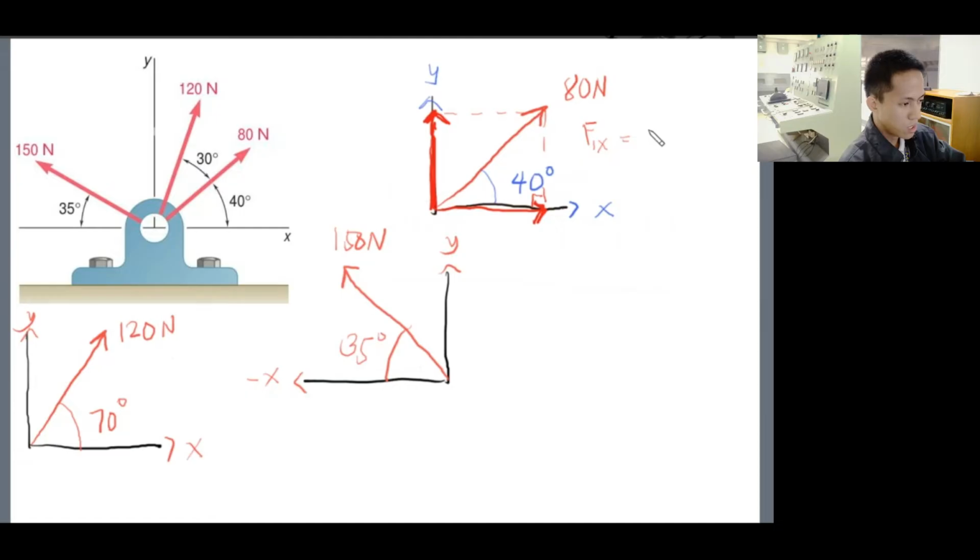So, this is 80 newtons cosine, since this is your adjacent side. So, this is cosine 40 degrees. Okay? So, using your calculator, you can use this Casio 570S or any scientific calculator will do. So, 80 newtons cosine 40 is 61.28 newtons.